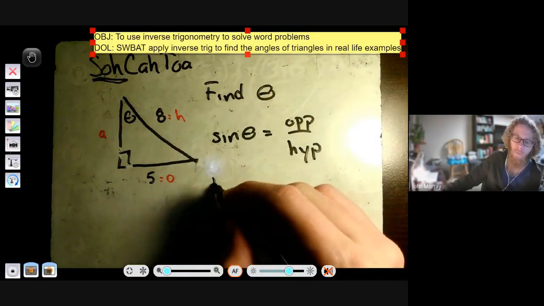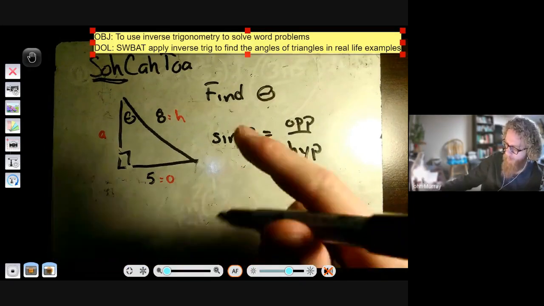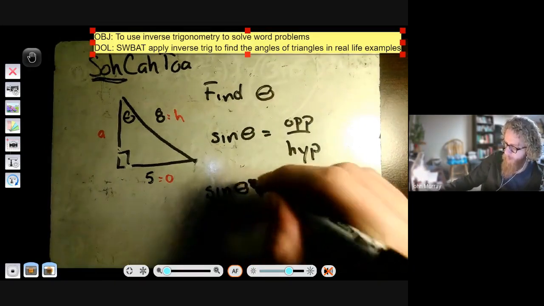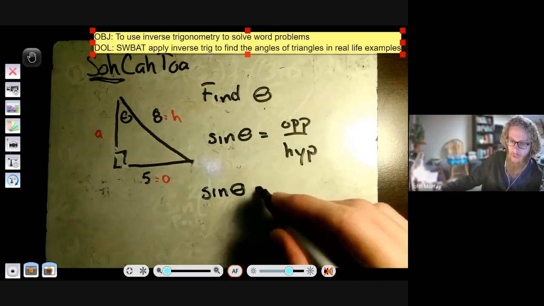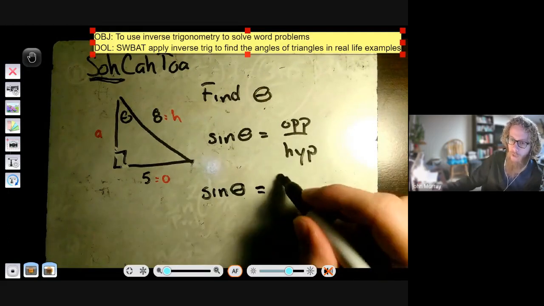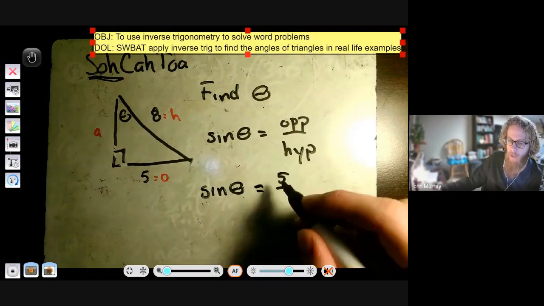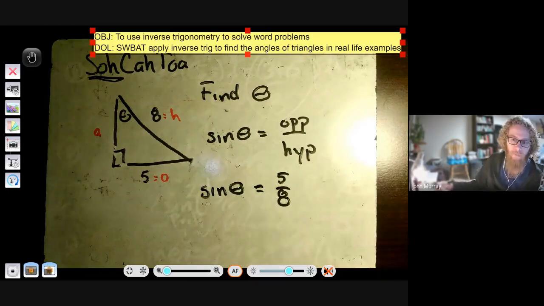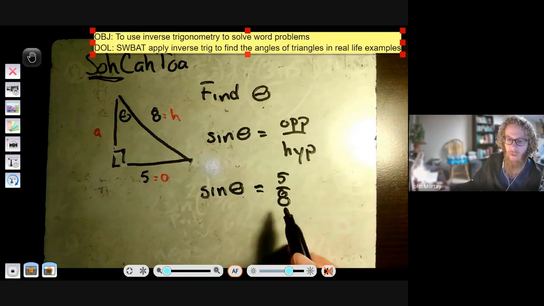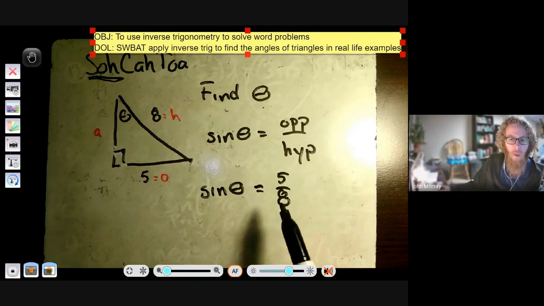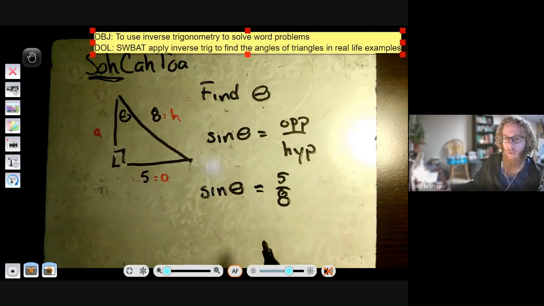Now we're going to plug in what we know. We don't know theta, so that's going to stay theta. The opposite is 5. The hypotenuse is 8. You can make this a decimal if you'd like, or you can keep it as a fraction.